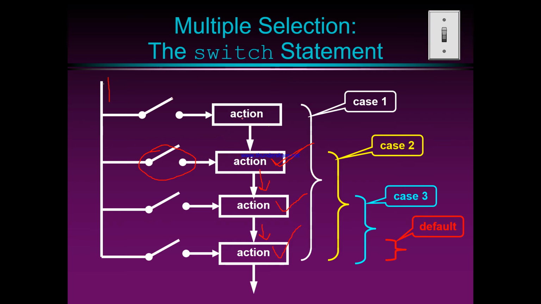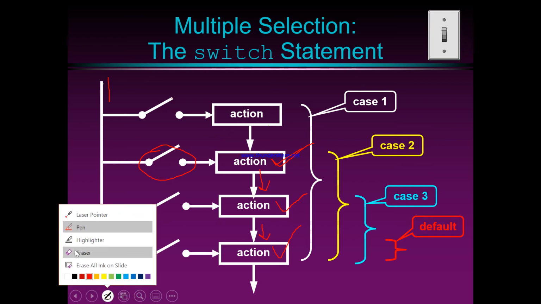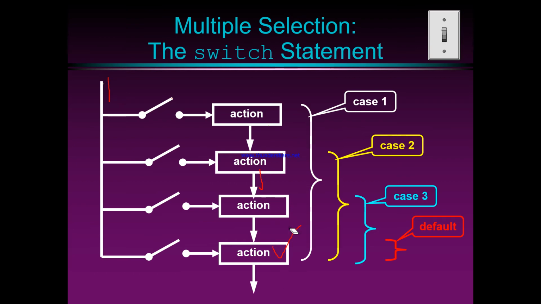So if no case gets matched, let me visualize it: if no match succeeds, not with this one, not with this one, and not with this one, then by default it will come here.